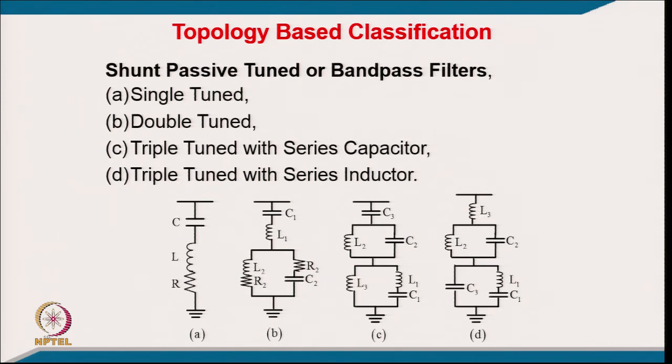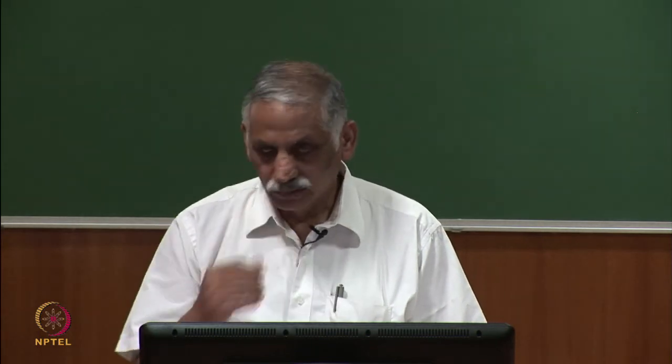And this inductor is normally made in a manner that its value should not change with voltage or current; otherwise your passive filter will not work properly if the inductance changes with the voltage or current going through it. So what we do in that case is put a small air gap in the core, which takes most of the MMF, because of the relative permeability of the ferromagnetic part and the air gap.